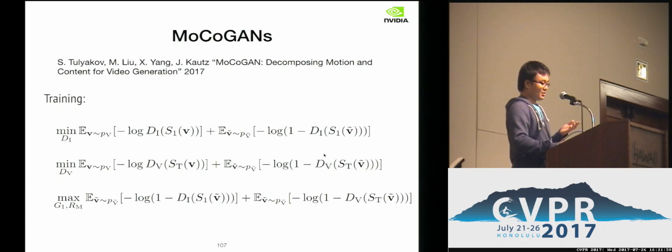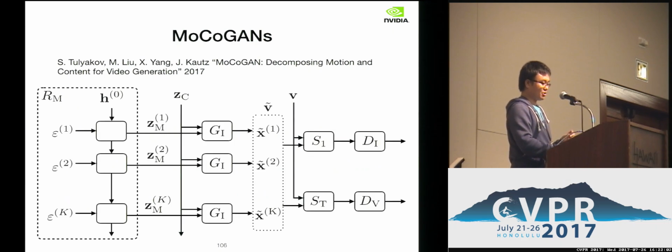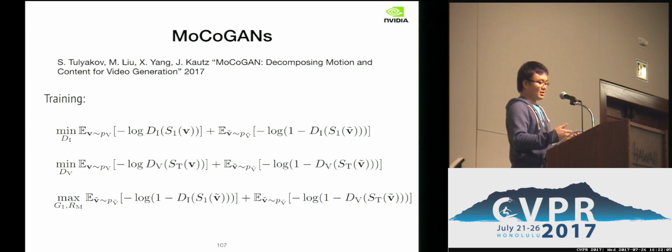So here, the learning problem for this architecture is simply an extension of the original GAN training objective. Here you have two discriminators, DI and DV.